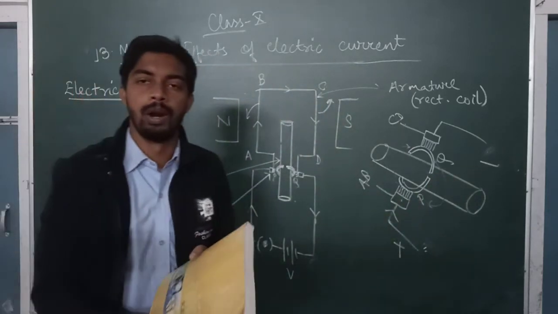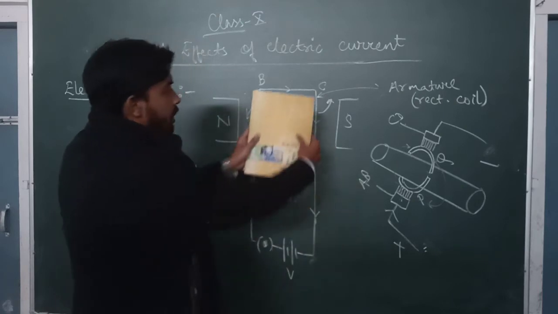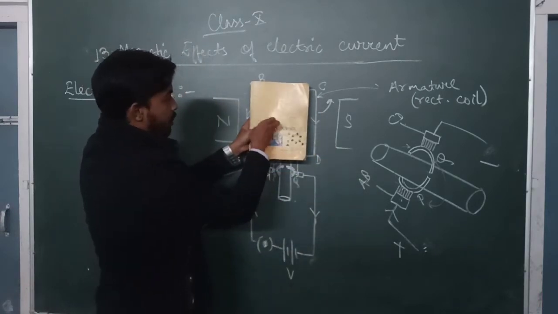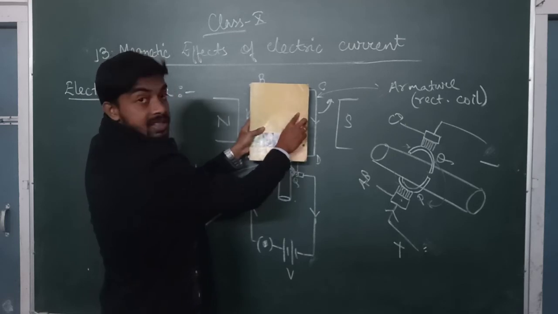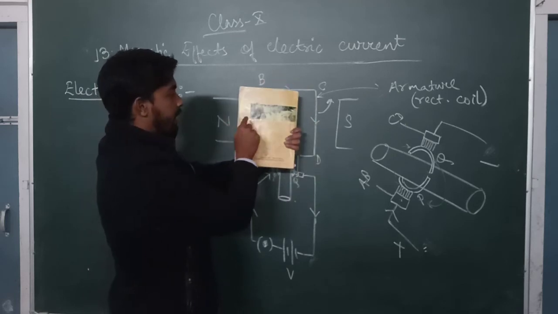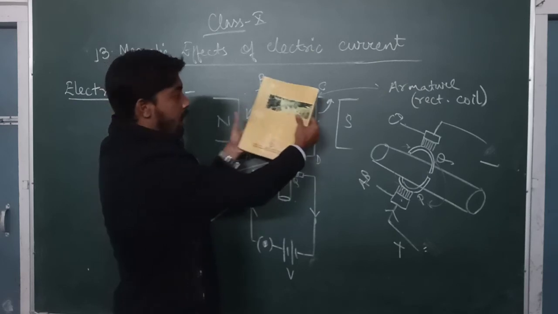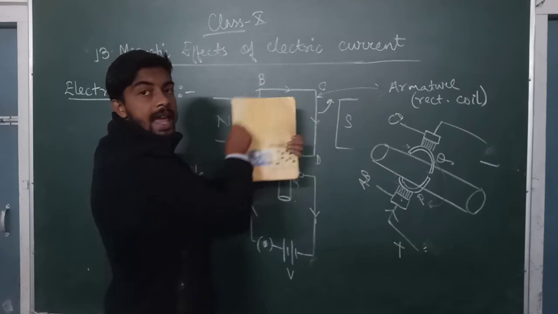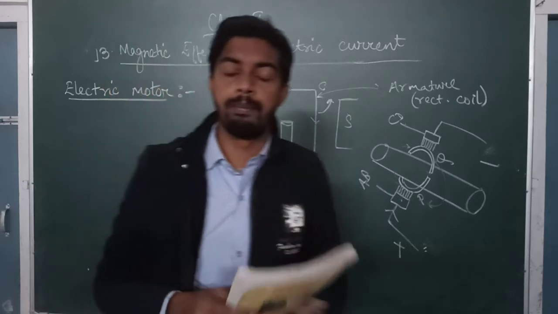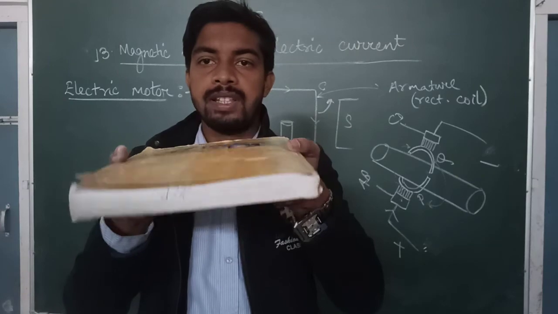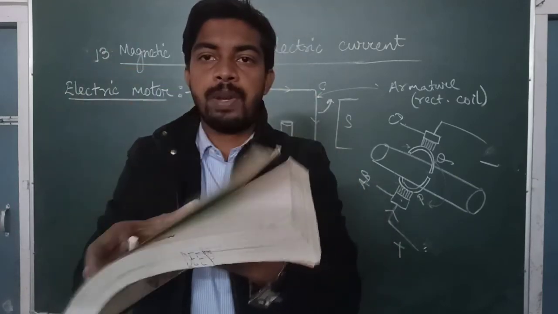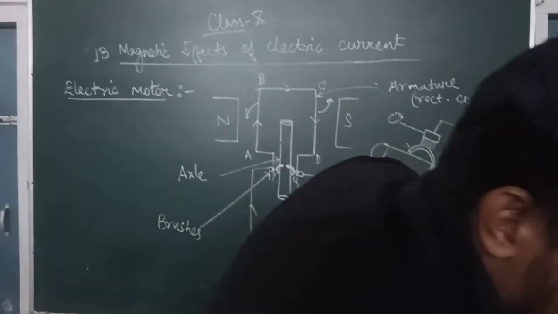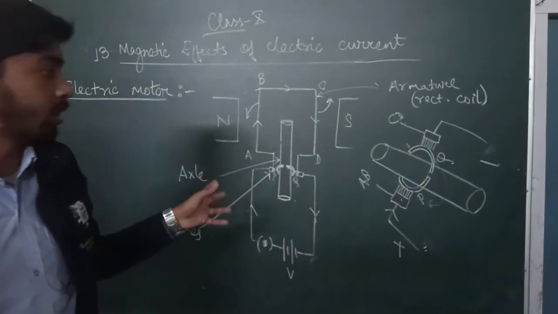And finally, this armature will continuously move. For example, here it is getting positive, this is negative, so it will move like this. Again this side will get positive, this will get negative, it will move like this, and finally it will continue moving in a circular pattern. It will continue to spin with the help of the axle and the split ring. So this is how an electric motor works.